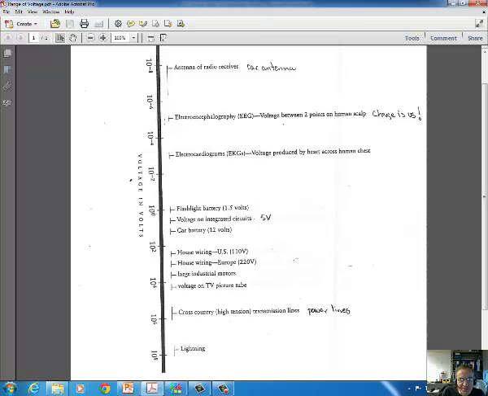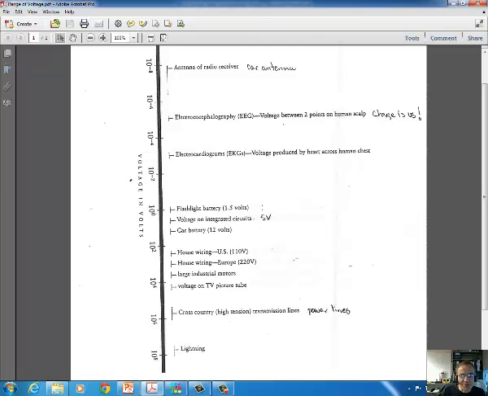It's a small amount of voltage, but it's there, a little better than microvolts. EKGs. Most people have had EKGs, especially when you get old, like me. There's voltage across our chests produced by our heart, and you can see it's in the millivolt range.